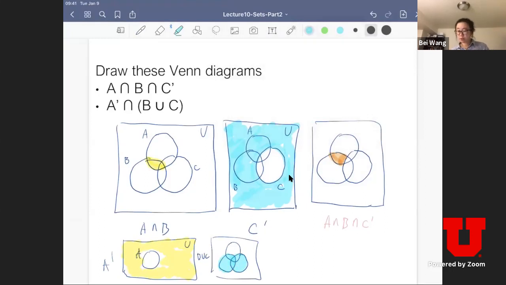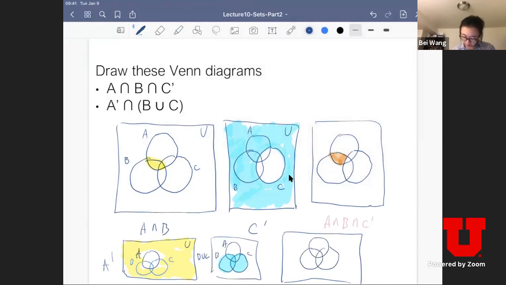Now you want to take the yellow, intersect the blue. Of course, I need to specify where my B and C are. So this is A, B, and C. So finally, what do we get? Again, you have A, B, and C. You're going to take all the yellow part, intersect the blue part. So you get something quite interesting.